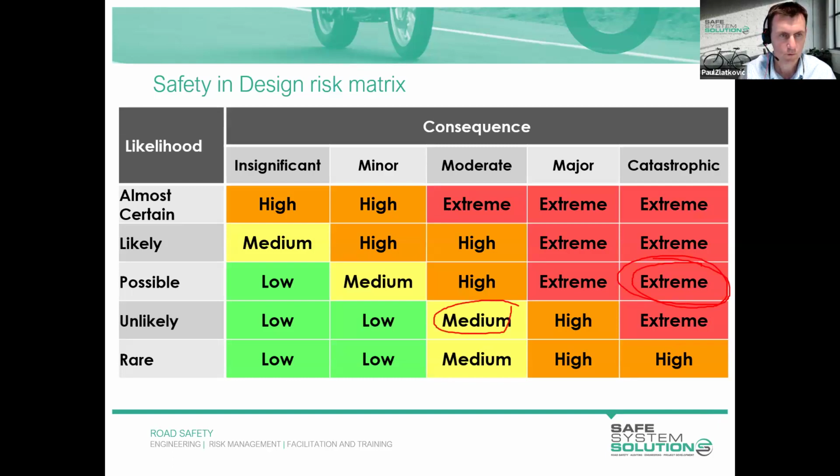So we've moved the risk from extreme down to medium. So the question we have to ask ourselves is: is there more that we can reasonably do to further reduce the risk?